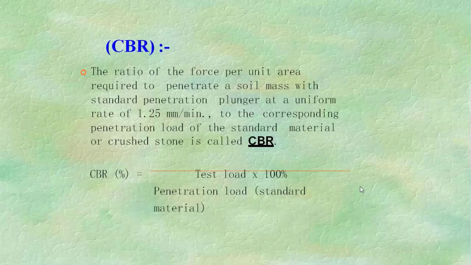To calculate the CBR value, the recorded load is expressed as a percentage of the standard load value. For the respective penetration value, the CBR values are calculated using the formula CBR is equal to test load divided by standard load into 100.